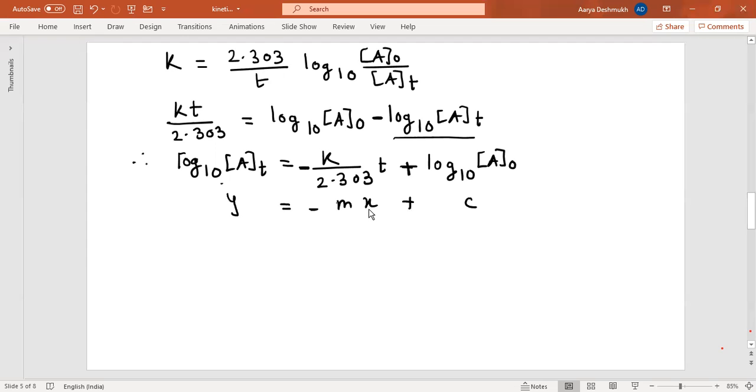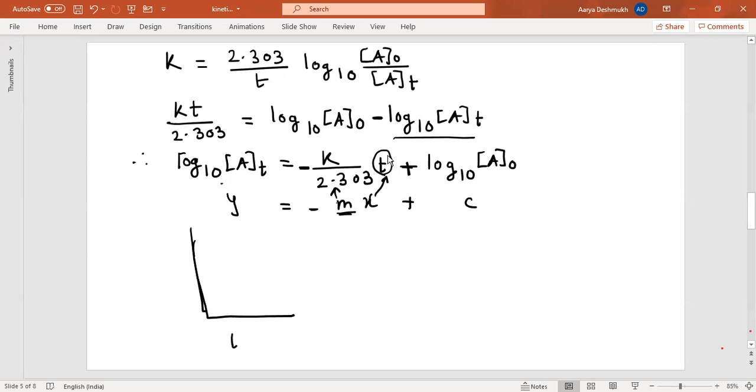So what should be drawn on the x-axis? That is time t. This will be your x, and this coefficient, the minus term, is your slope. I hope you understand this. Now this is the straight line equation. When you draw the graph for the same equation, what are we supposed to take on the x-axis? That is t, time.